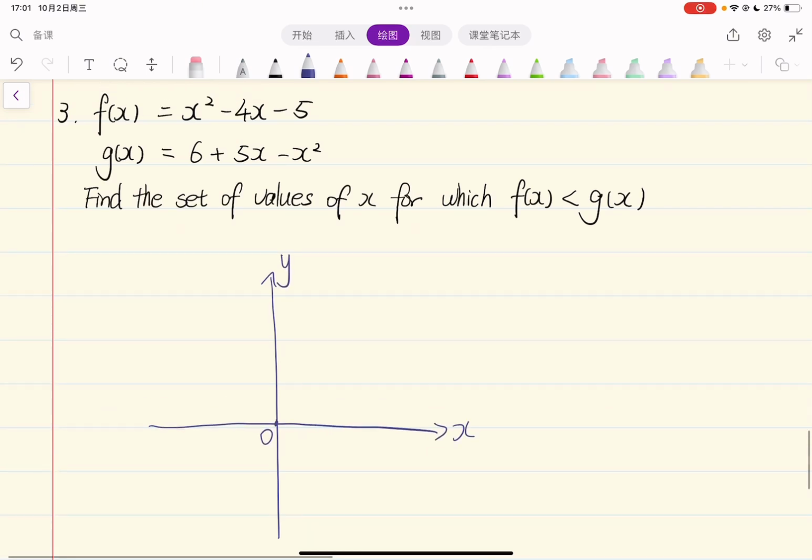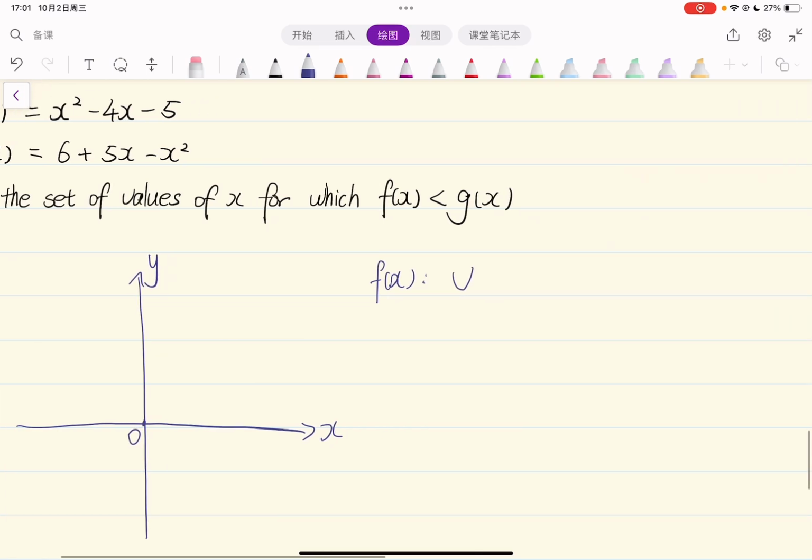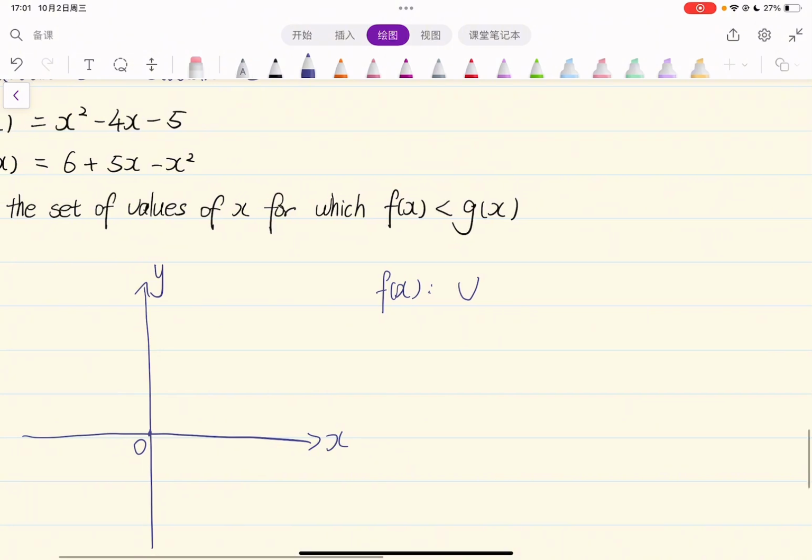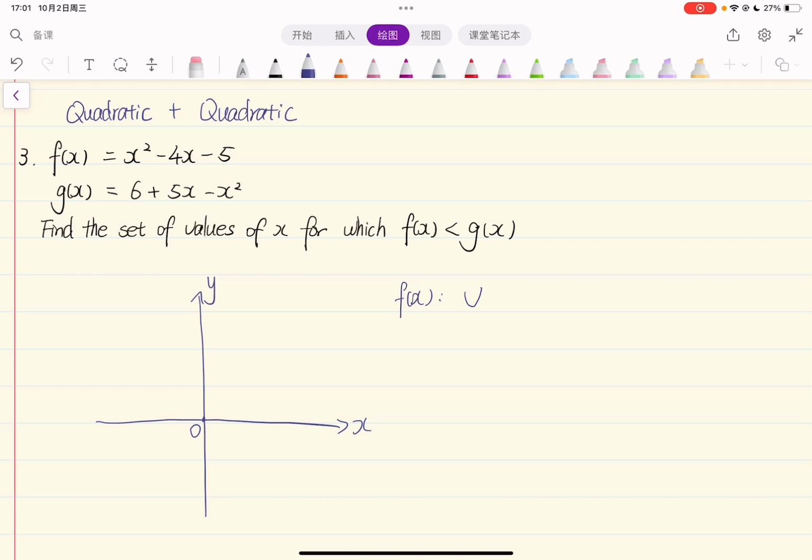For f(x), a equals 1, which is greater than 0, so it has a smiley face. And we want to find where the function f(x) crosses the x-axis and the y-axis.